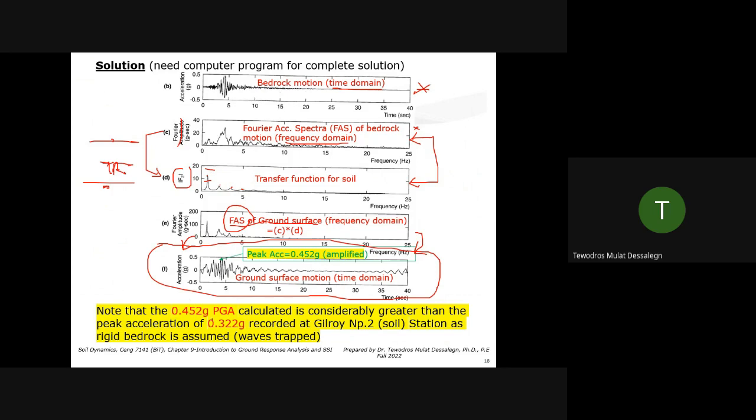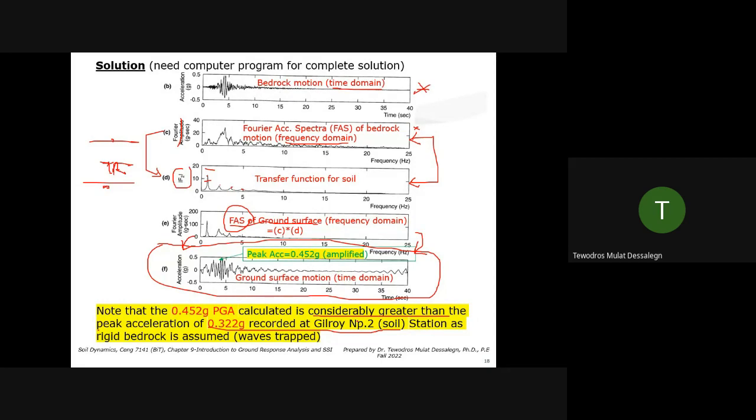Note the 0.452 G: we get around 0.452 G amplified motion at the ground surface. Calculated, it is considerably greater than the peak acceleration of 0.322 G recorded at the Gloria number 2 soil. What they did is they have a recording at the bedrock and a recording at the ground surface.